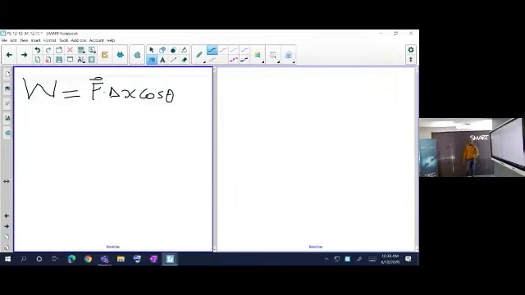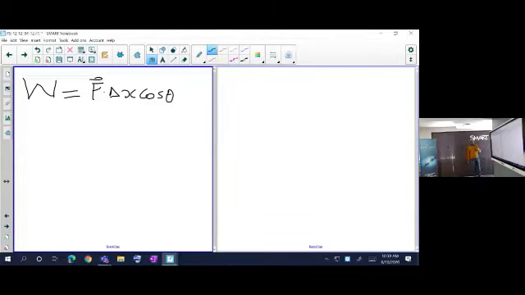You can ask yourself, why is this equation always cos theta, not sin theta? I need you to revisit trigonometry in mathematics so that you can understand where this is coming from.